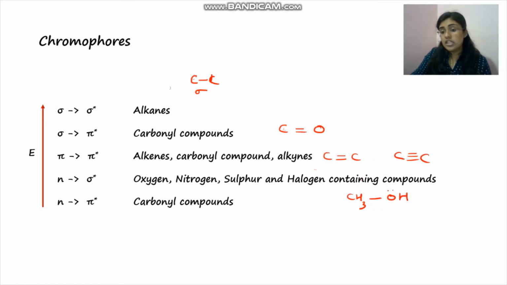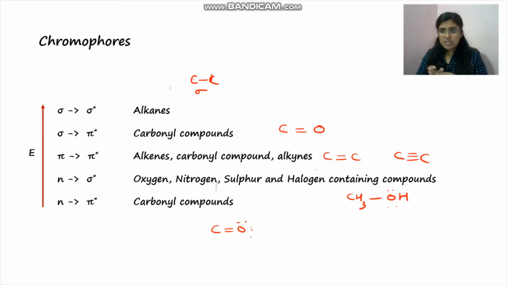This oxygen has free electrons, or lone pairs, that undergo transition from the non-bonding orbital to the sigma star orbital. Then we have carbonyl compounds, which can undergo transitions from the non-bonding orbital to the pi star orbital. If you look at carbonyl compounds, it is C double bond O, where the oxygen also has lone pairs of electrons. Free electrons of the oxygen of the carbonyl compound can also undergo transition from the non-bonding orbital to the pi star orbital, giving rise to the n to pi star transition.